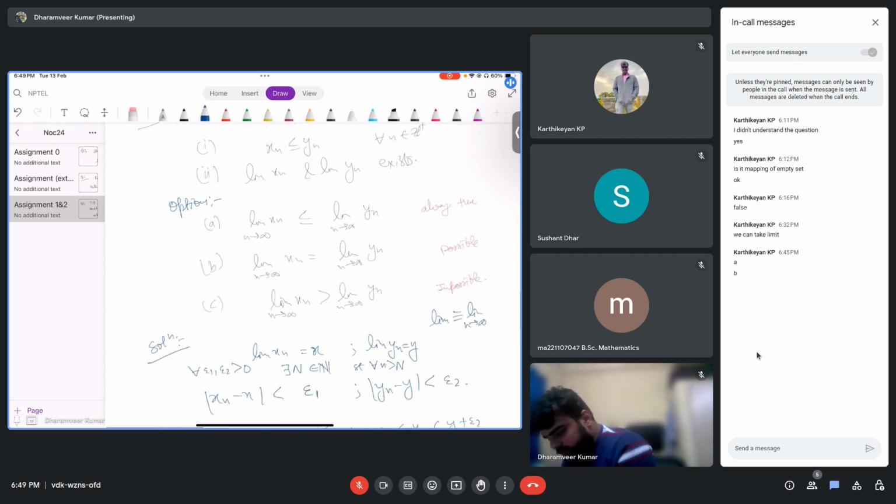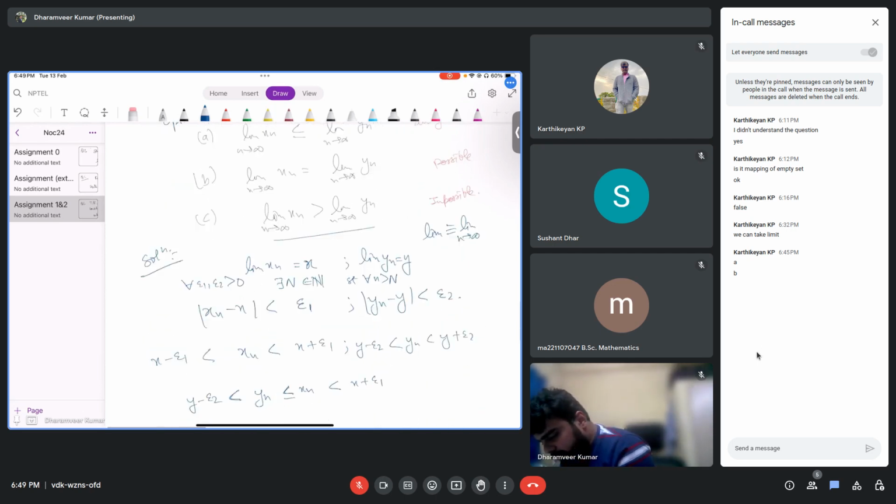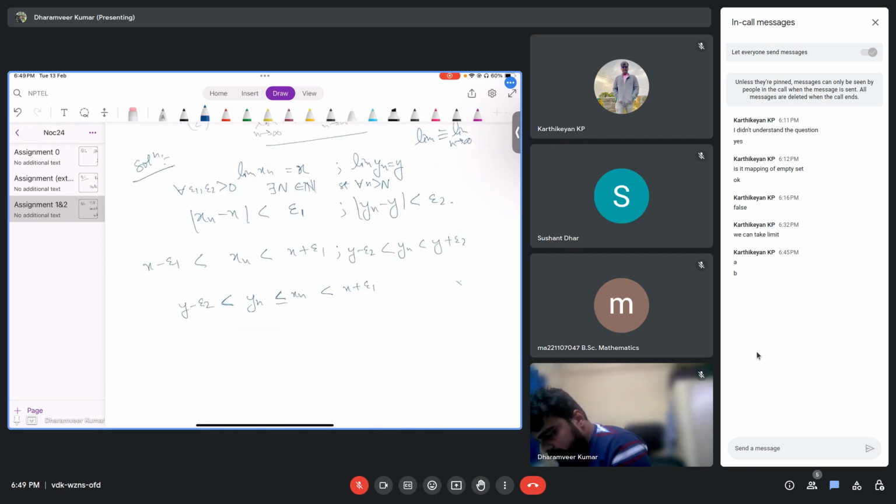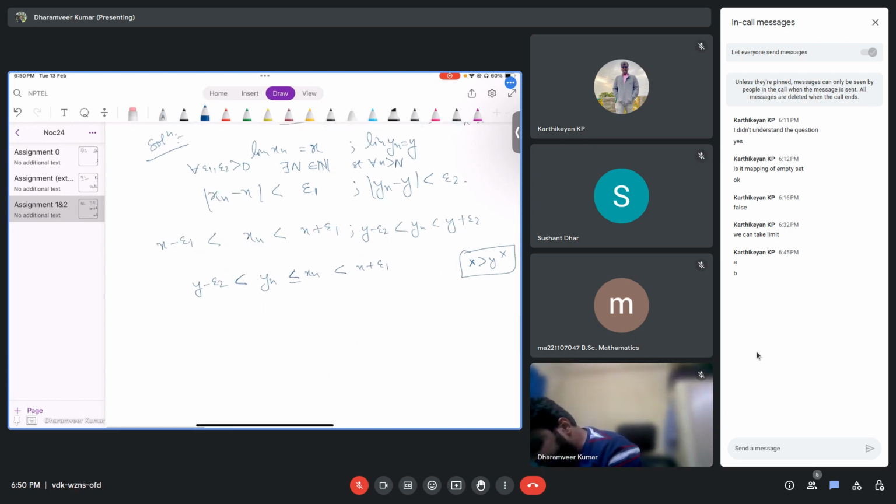So if we have to show that x is, this is wrong, we have to show this, right? So this fails. In the first class I told you about contradiction, right? So let's assume this is star, and we'll show it by contradiction. Let's assume x is greater than y.